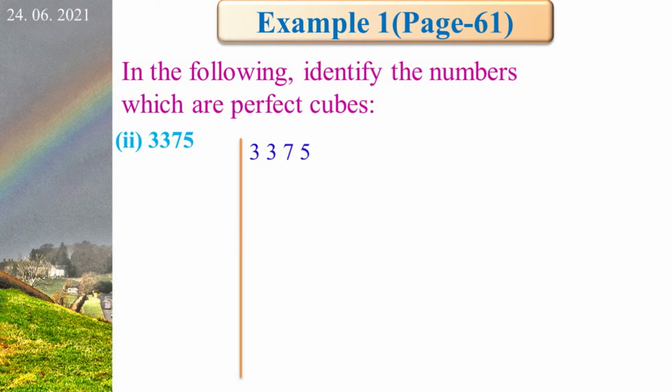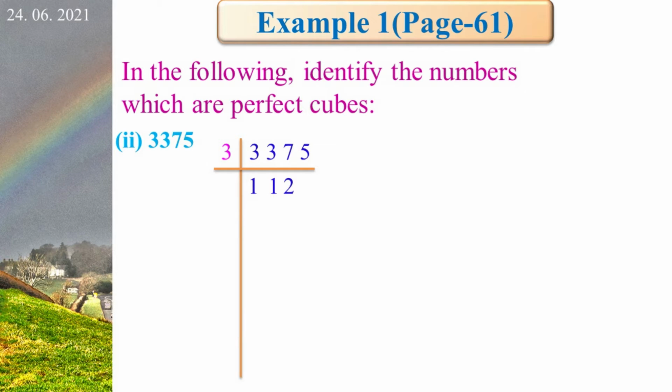3375 like this. Now, dividing with the smallest prime number. See, the number 3375 is an odd number, so we cannot take the smallest prime number 2. Next prime number 3. Now, we can take 3. Is it possible? Now, we check it. 1 3 is 3. 1 3 is 3.